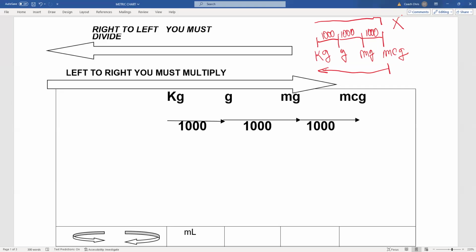From kilogram to gram, how many days is that? 1,000 days. All right, so 1 kilogram equals what? 1,000 gram. It's so simple because there is only 1,000 between a kilogram and a gram. So kilogram to milligram, you cannot go to milligram without passing by gram. So from kilogram to milligram, how many stops is that? 2 stops.